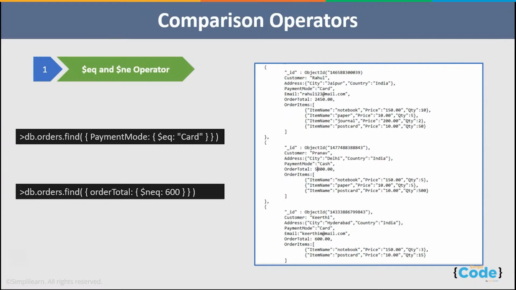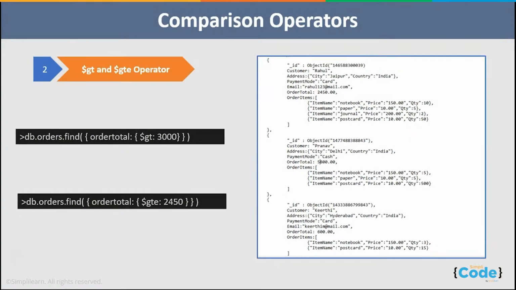That is the first two documents, of customer Rahul and customer Pranav, whose order totals are 2450 and 5800 respectively. So that is what the comparison operators EQ and NE, equal to and not equal to, do.